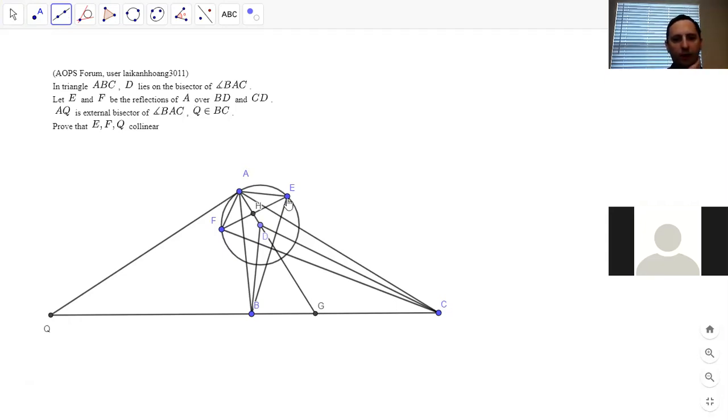I wonder if we could let EF meet BC at Q prime, and then we want to show that Q prime A is tangent.